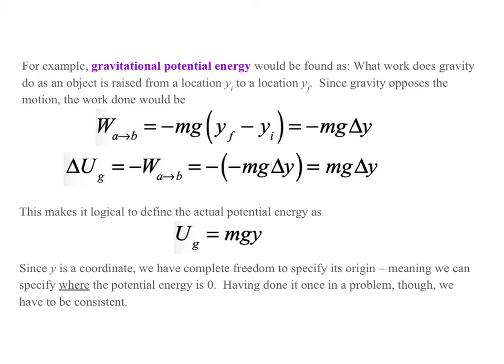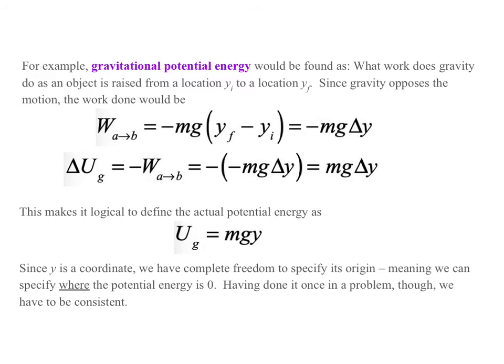For example, gravitational potential energy would be found as what work gravity does as an object is raised from location y initial to location y final. Since gravity opposes motion, the work done from A to B is minus, because of the opposite direction, mg, which is the force, times this distance. And we get minus mg delta y.